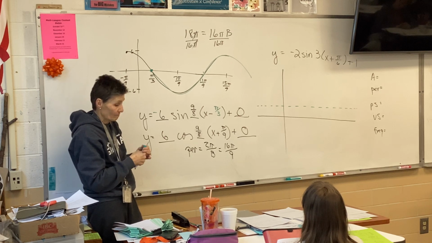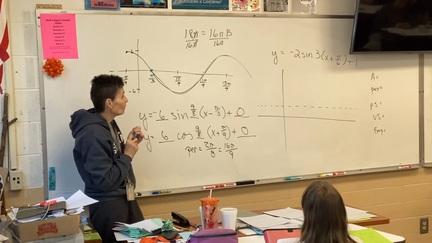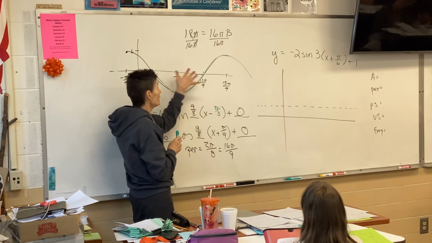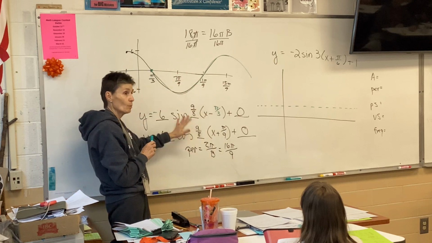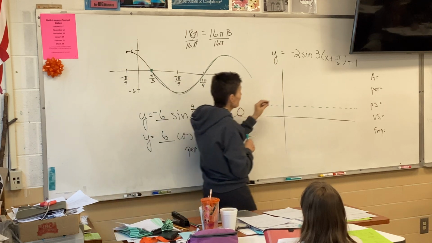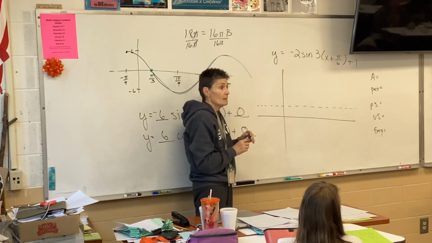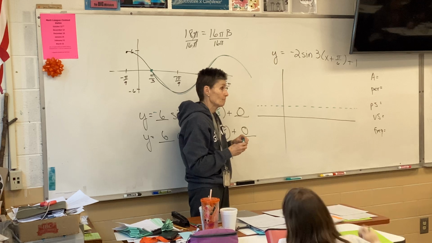Okay? All right. Now we're back to you drawing your own picture. So here, I did the picture, you wrote the equation. Now, I've written the equation, and it's a doozy, and you are going to draw the picture.